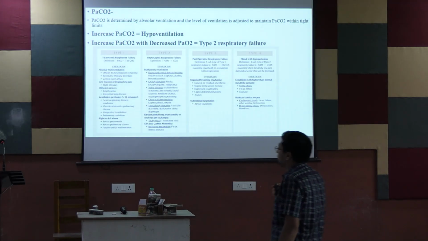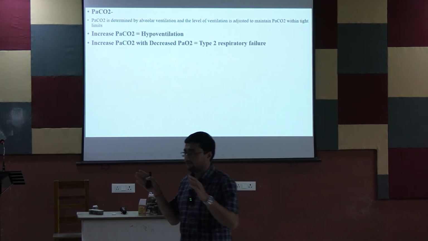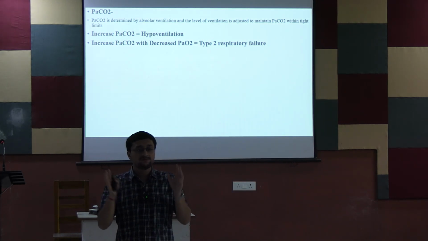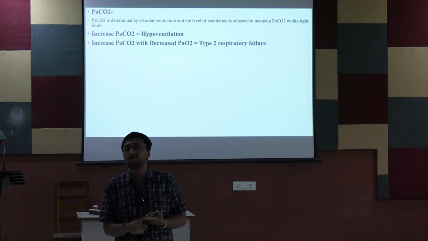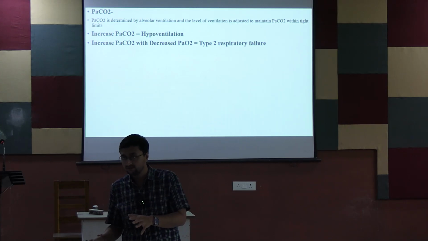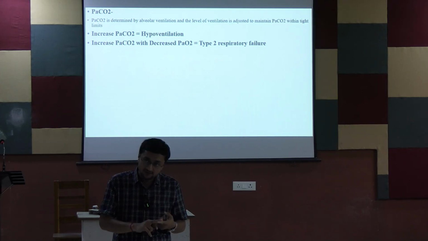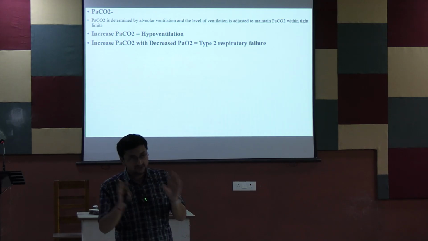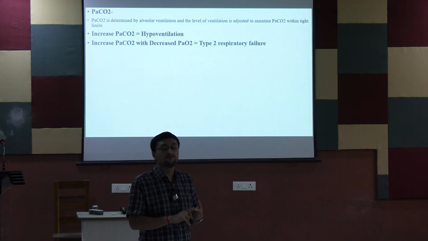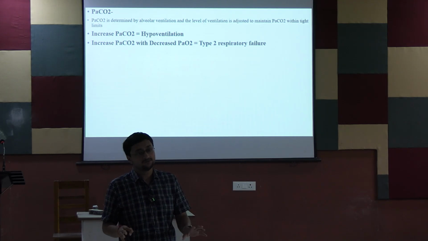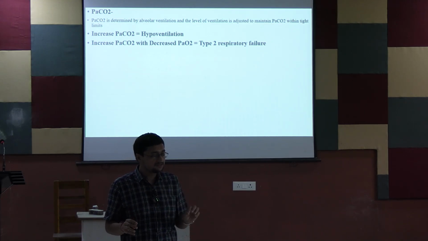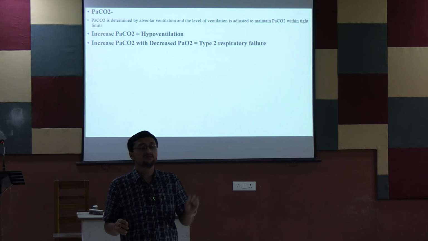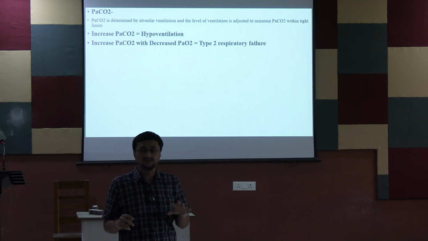So there are 4 types of respiratory failures: type 1, type 2, type 3 and type 4. But according to the recent classification, there are 2 types, type 1 and type 2. But তোদের জানতে হবে 4টে টাইপস. What is type 1? Just hypoxic. Carbon dioxide is within normal range, but oxygen is below normal, less than 60.